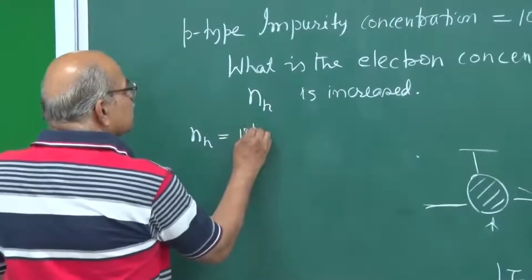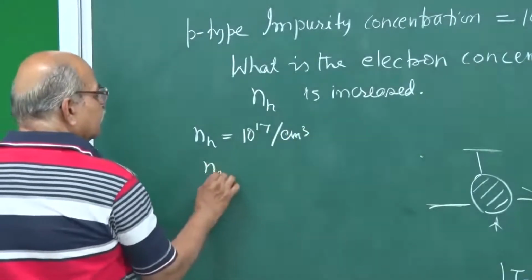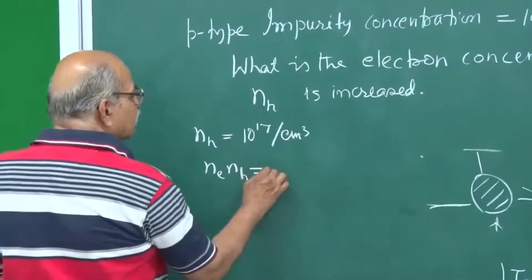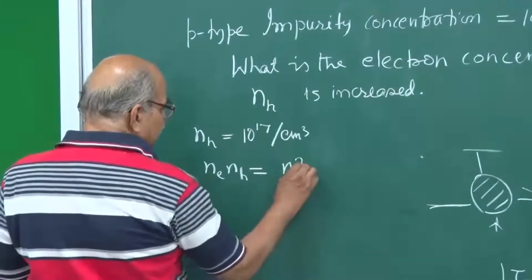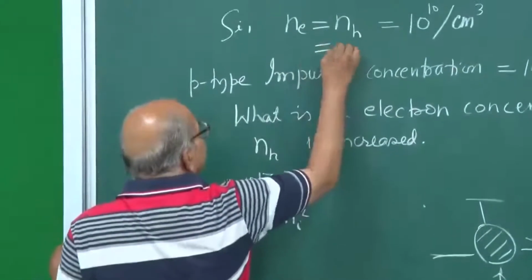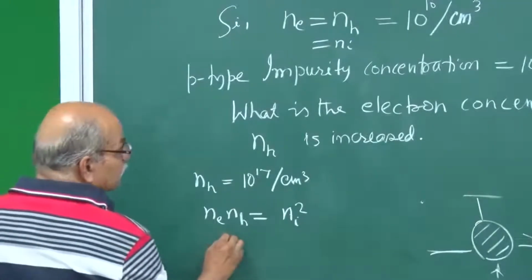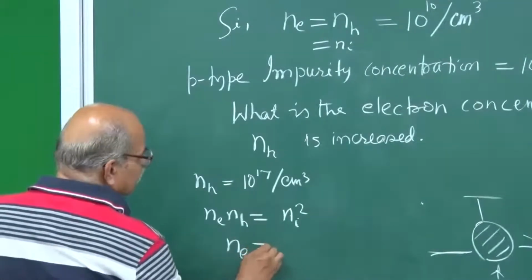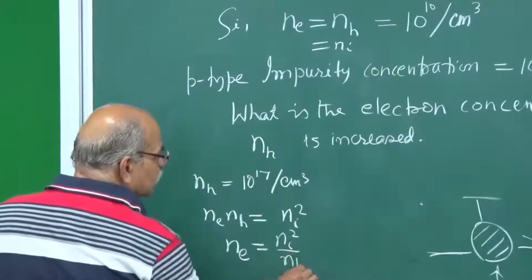10 power 17 per centimeter cube, and then Ne times NH is independent of doping, and that is Ni square, the intrinsic concentration square. This thing is Ni, and therefore Ne is equal to Ni square divided by NH.